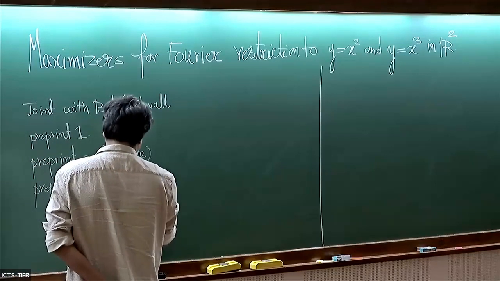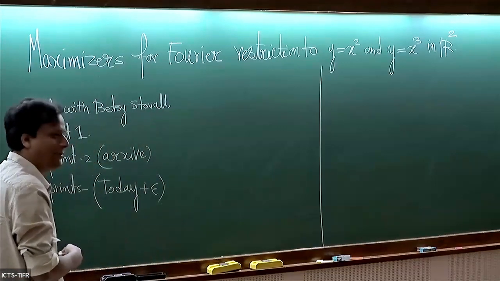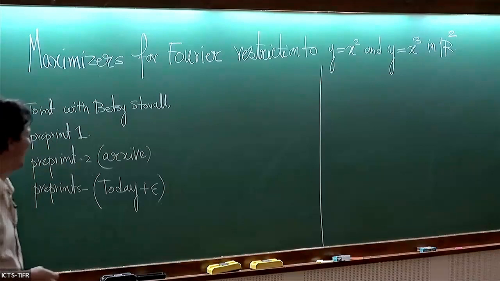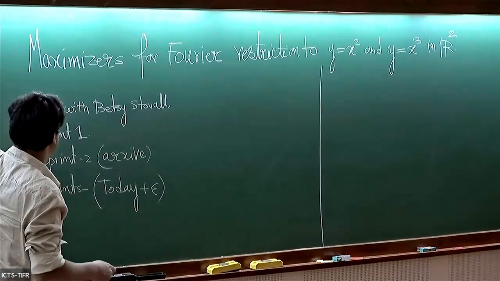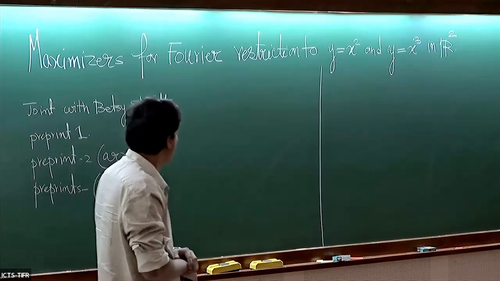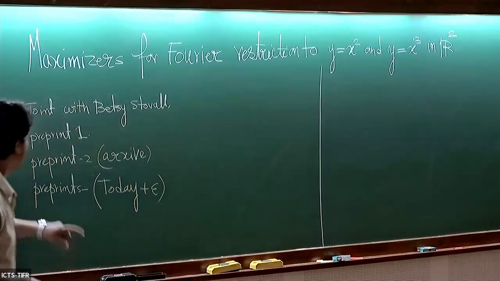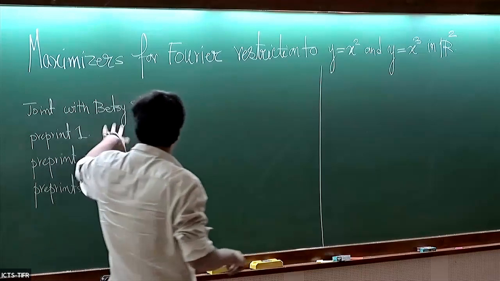So today plus epsilon. I do not know what epsilon is. It might be a few weeks, maybe a few months. I'm going to talk mostly about these two, and sort of very special cases of the results from these two. This is published, this is on arXiv. All of these are with Betsy.